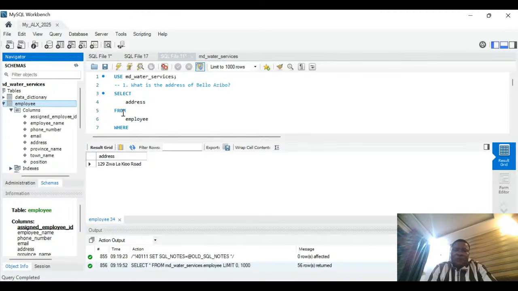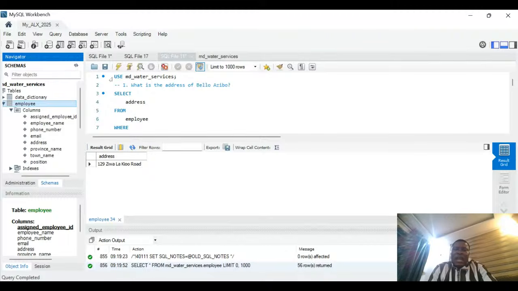And then we say from which table we are looking at: the employee table, because that is where the data is contained. Now, I know some of you may be asking, why am I not referring to the database, which is the MD Water Services?